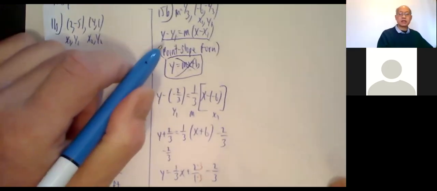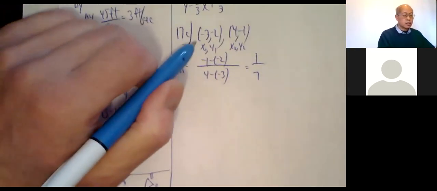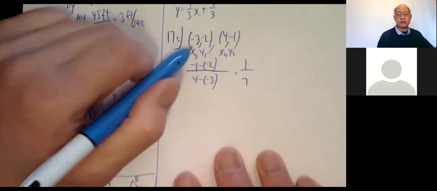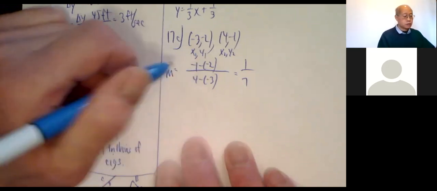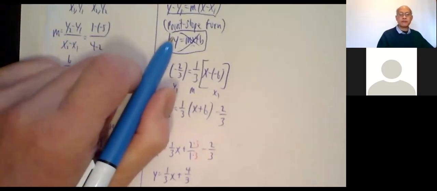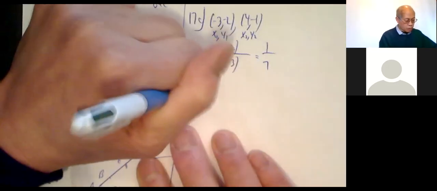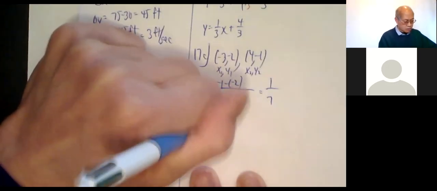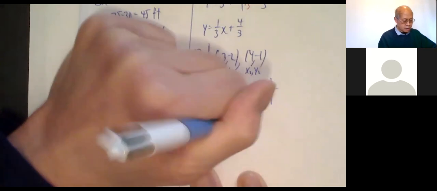All right, now notice this problem is exactly the same as the previous one. Okay. So I can pick either point as my x1, y1. Why don't I just pick this since I've already designated that? Okay, so throw it into the point slope form. So y minus y1, y minus a -2 equals m times x minus a -3.